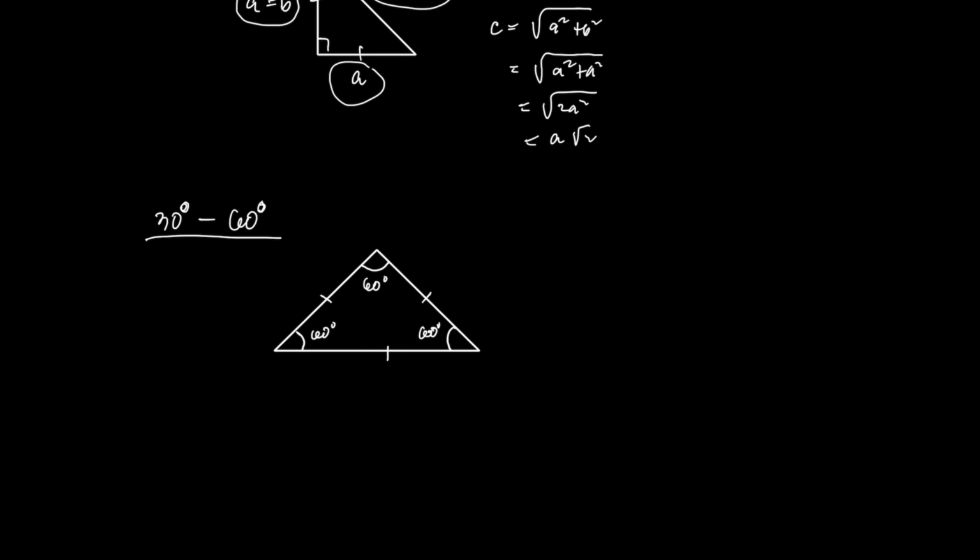Using this triangle here, can we already find the values of the 6 trig functions? The answer is no. Why? Our 6 trig functions are defined on the right triangle. So what we can do here to produce a right triangle is we will find a way so that this equilateral triangle will have a right triangle.